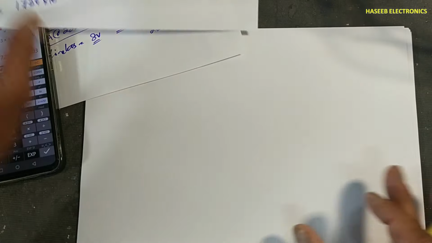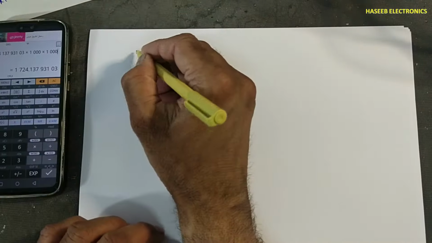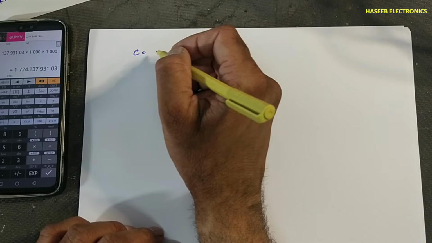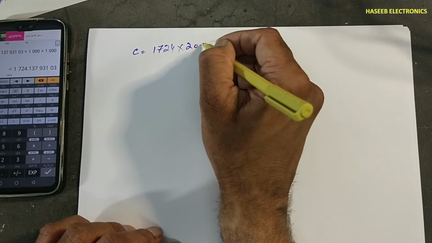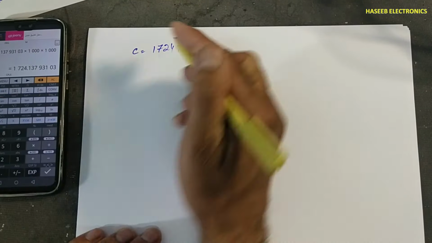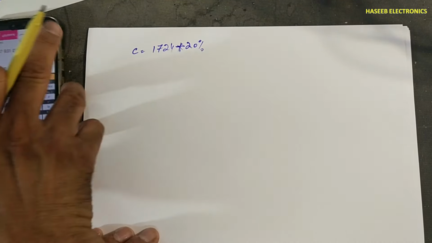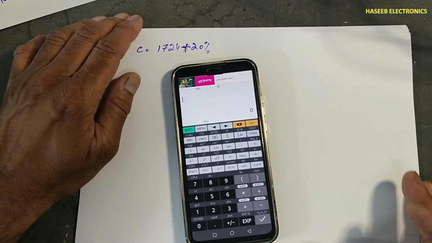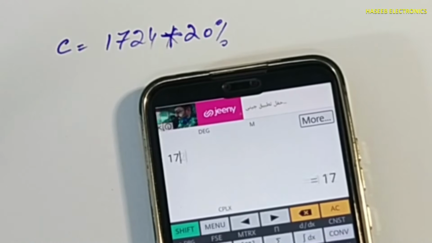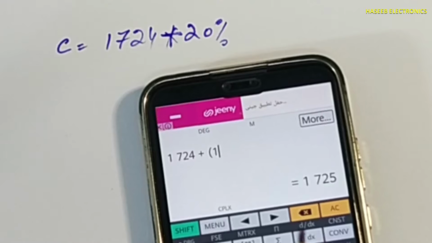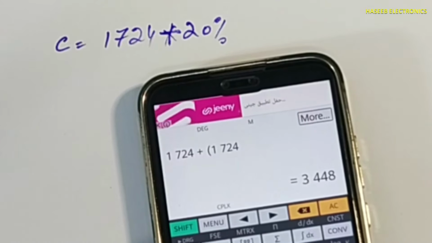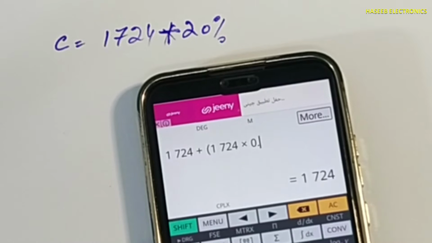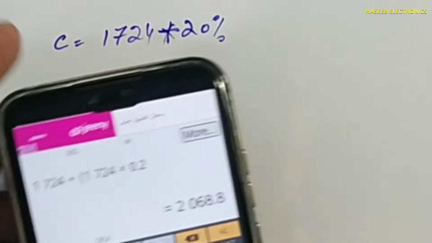For that purpose we will increase the capacitance value. C is equal to 1724 plus 20%, 1724 plus 1724 multiplied by 0.2, it is 2068.